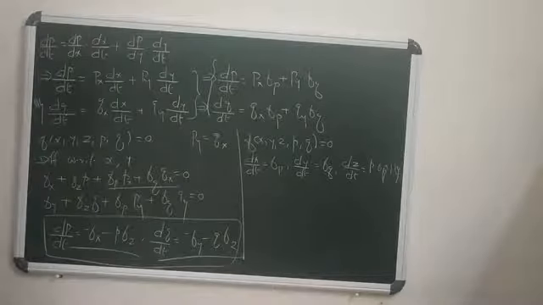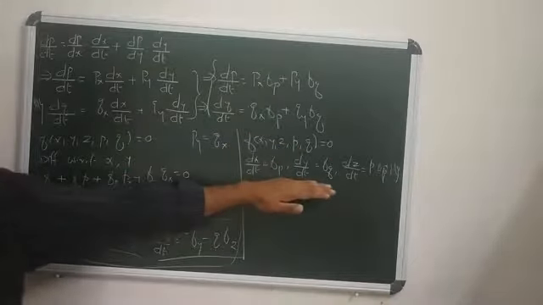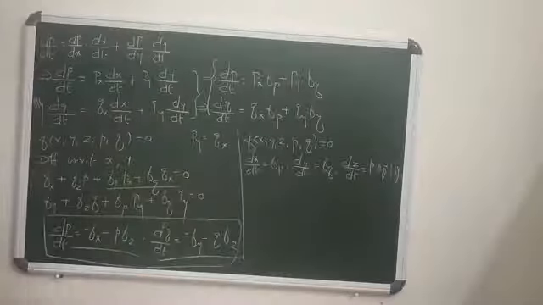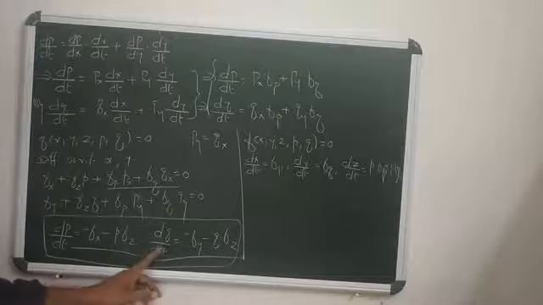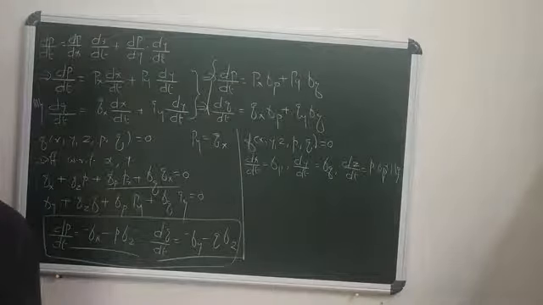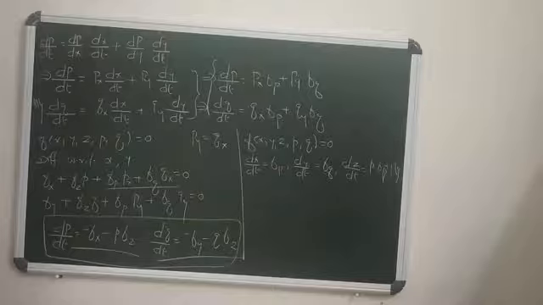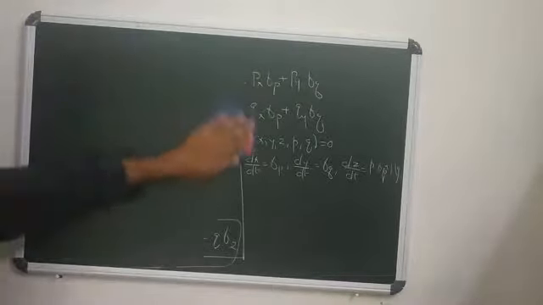So in order to determine the integral surface, we consider the system of these equations: f of x, y, z, p, q equals 0, dx by dt is fp, dy by dt is fq, dz by dt is p fp plus q fq. Also, dp by dt is minus fx minus p fz, dq by dt is minus fy minus q fz. Moreover, x(t), y(t), z(t), p(t) and q(t) are unknowns. So this is the method to find the integral surface, and we have to solve all of these equations.